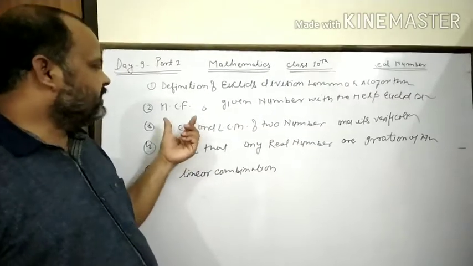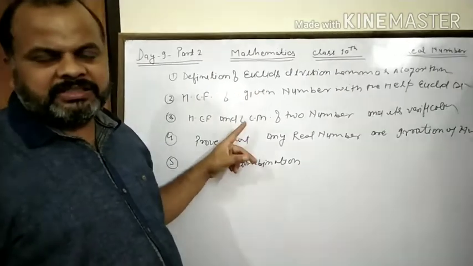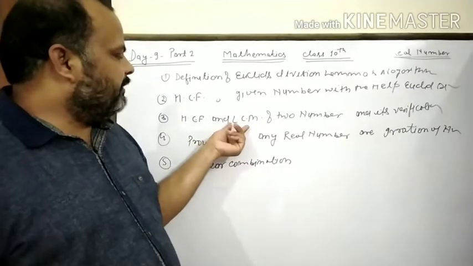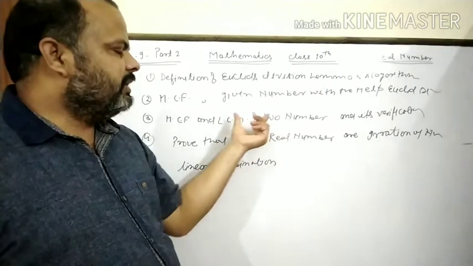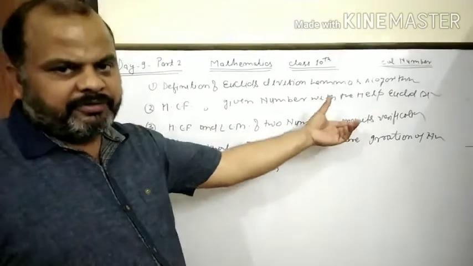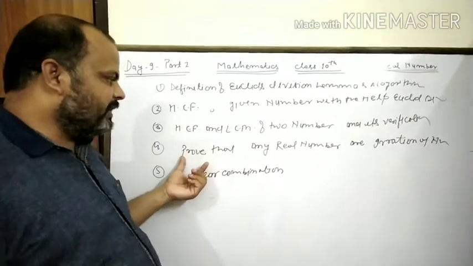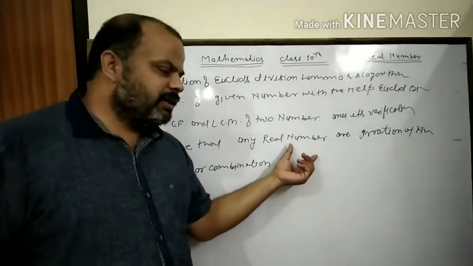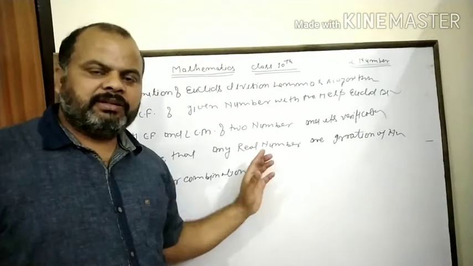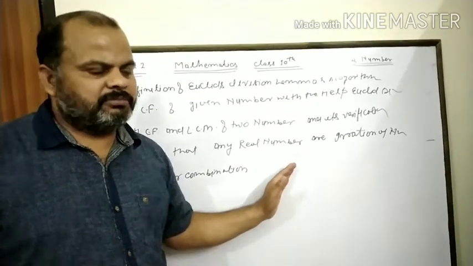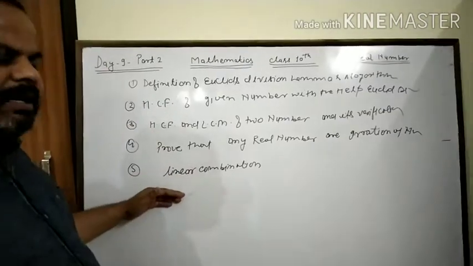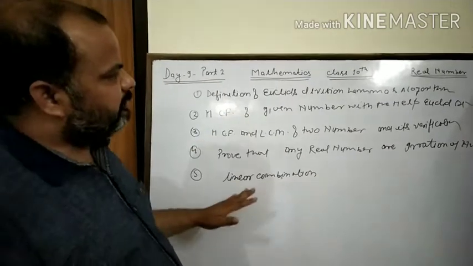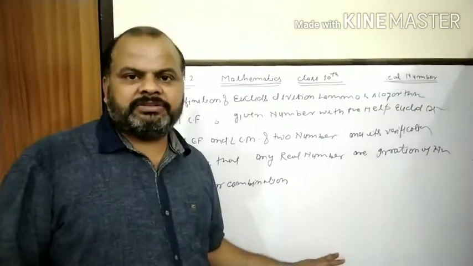You can find HCF with the Euclid division lemma and LCM by the prime factorization method, and find their multiplication and product, verify it, and prove that if you have any real number like root 2, root 3, 3 plus 5 root 3, it is an irrational number. Clear? By this way we can complete our chapter.